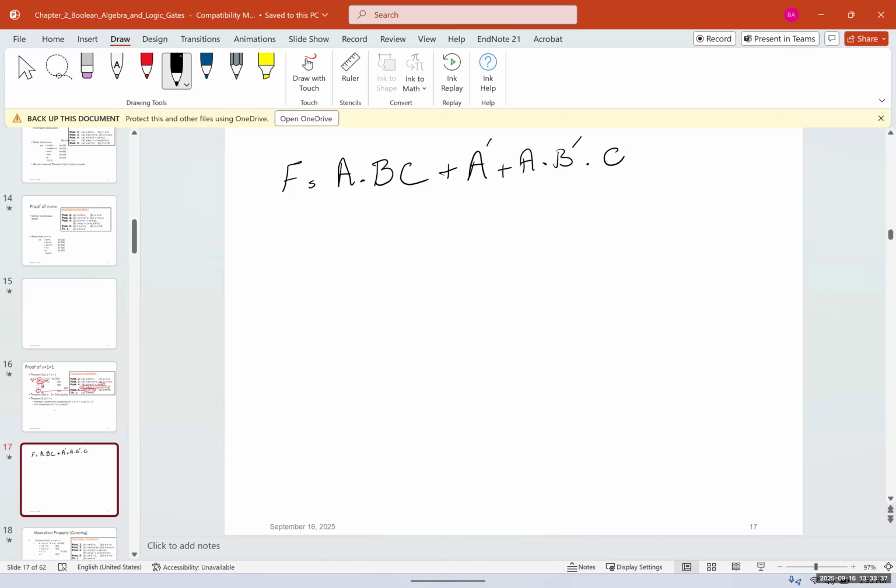So F is equal to ABC plus A prime plus AB prime C. I want you to think a few minutes on it. And whoever solves this first, I'm going to give them extra points on their next homework. I will give you a few minutes to think on this, and this is a pretty easy one, actually.